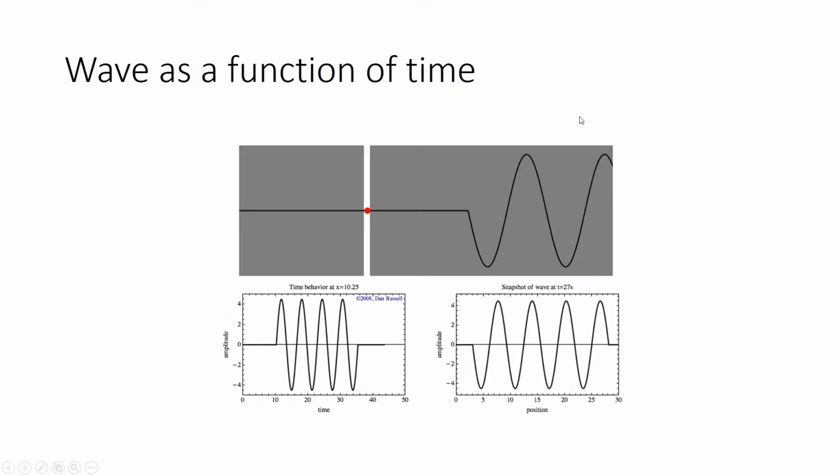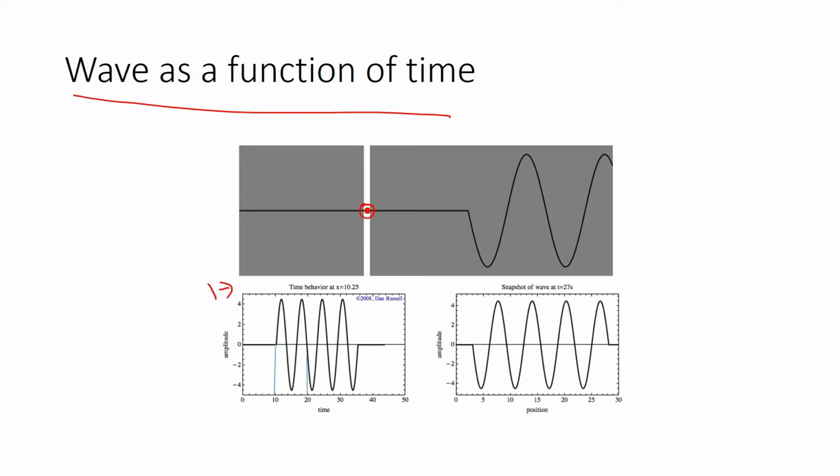With the first graph, I would try to illustrate why a wave is a function of time. As I have told you, graph 1 is recording the instantaneous variations of the red dot. Till the 10th second, there was no variation and it was lying at 0. But after that, it has gone up and down, up and down, up and down.